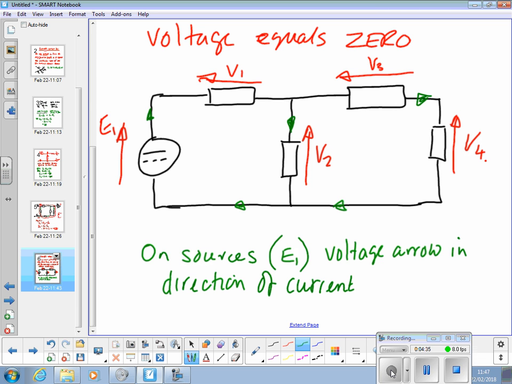So I'll put the current flowing up, away from the positive terminal of that battery or source, and the voltage arrow across it is in the same direction as the current flowing.